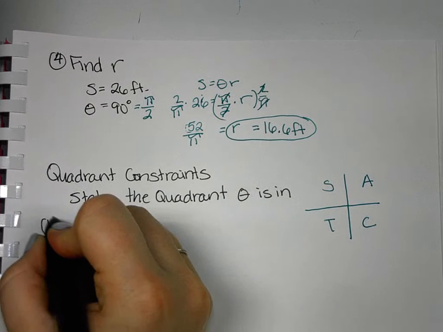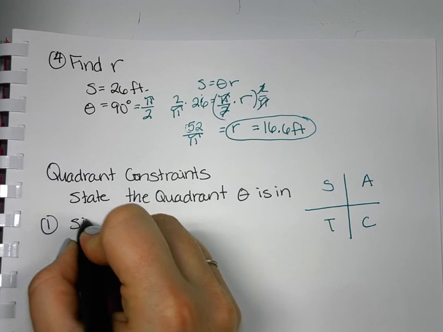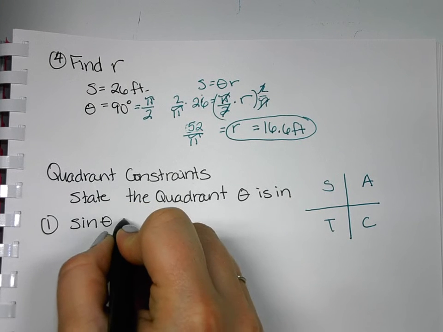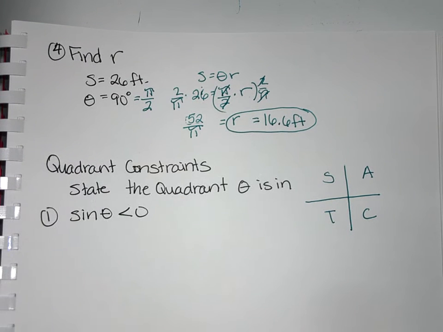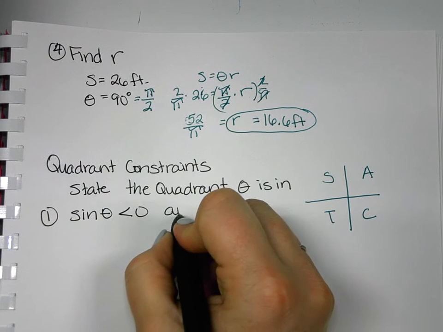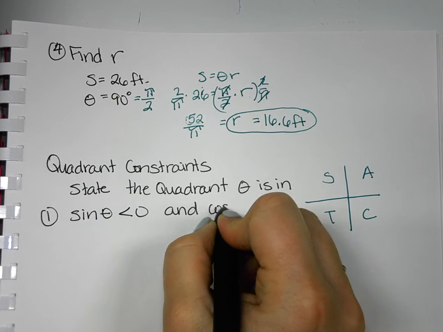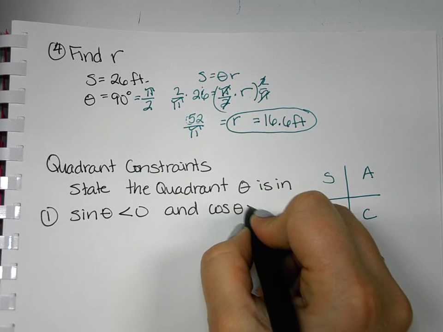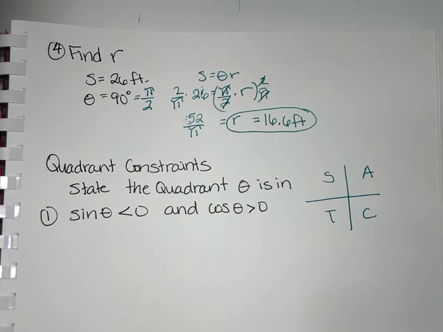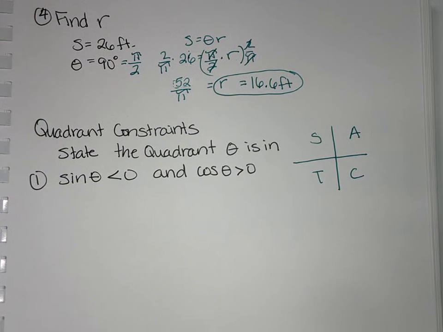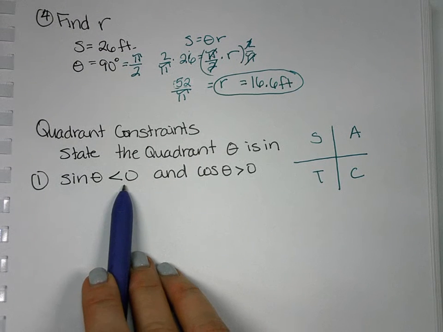Because if we look at number 1, sine of theta has to be smaller than 0, and cosine theta has to be greater than 0. So if we look at the constraints given to us about our angle theta, which we don't know what it is, what quadrant does it have to fall in based on these constraints? So in looking at this, I can say, okay, sine is negative, because that's what less than 0 means.